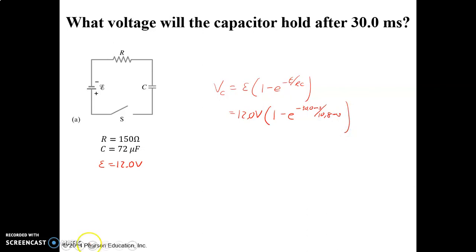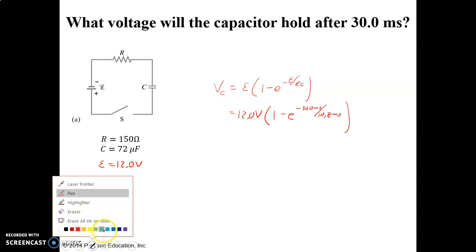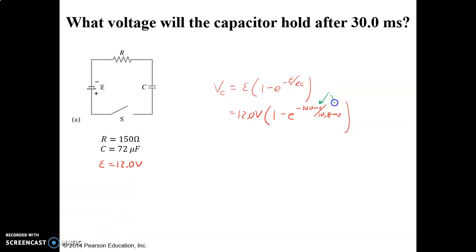An important thing here to note is that these two have to be the same unit. This math will not work if they're not the same unit. So double check that always. All right, and so when we do this, we get 12.0 volts times 1 minus e to the negative 30 divided by 10.8, which is negative 2.778.